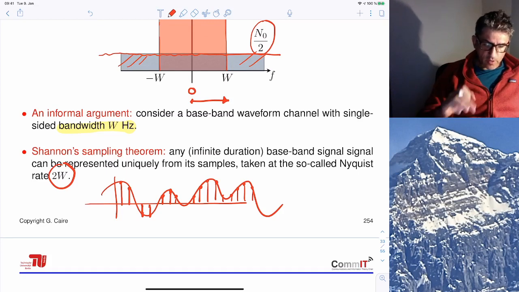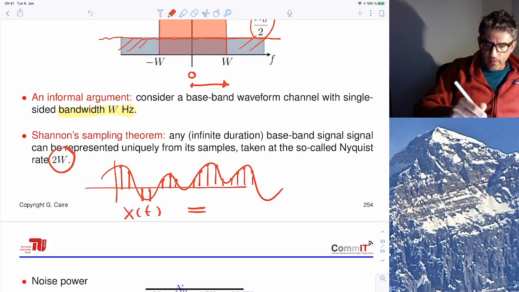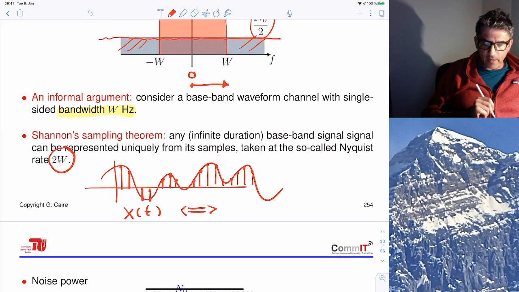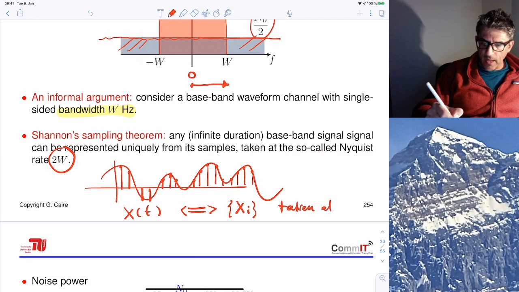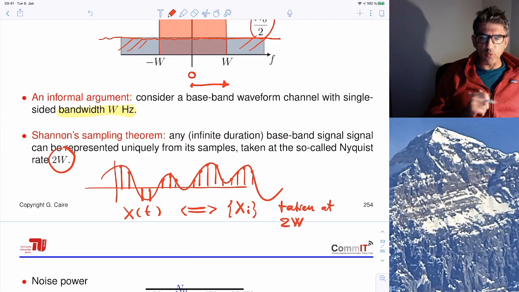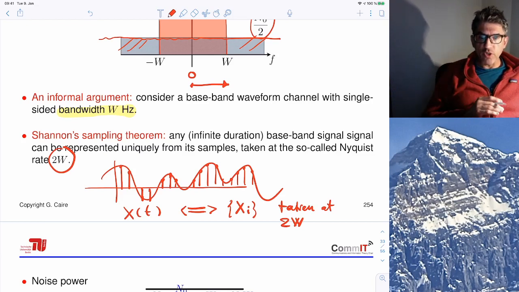So in other words, a continuous time x(t), when x(t) is band limited, is in one-to-one correspondence with its samples x_i taken at, let's say, frequency at least 2W, and since we want to be as parsimonious as possible, in order to approach the capacity, we will consider taking those samples at exactly frequency 2W.